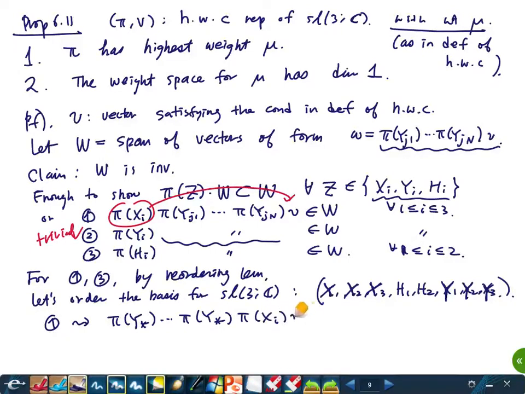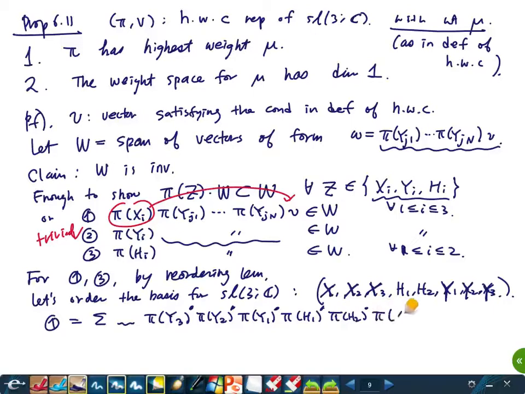xi, like that. Or to be very, very specific, I think it should be a sum of some coefficient times y3, something y2, something y1, something h1, something h2, something x1, something x2, x3, finally v.